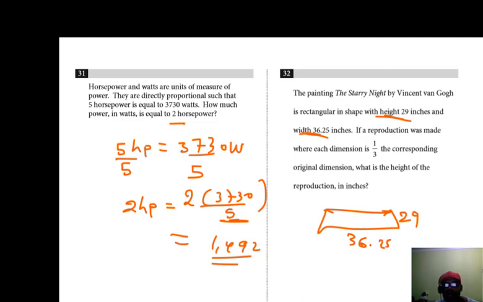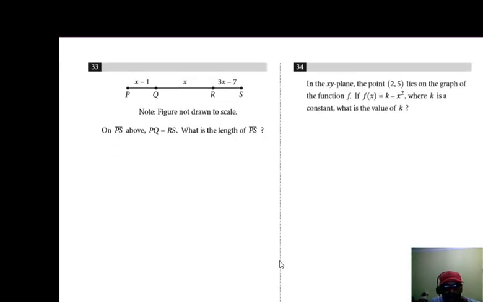If a reproduction was made where each dimension is 1/3 of the corresponding dimension, so it decreases, what's the height of the reproduction in inches? The height means 1/3 of this. You can write 29/3, or you can write it in decimal, so no need to do that anyway.